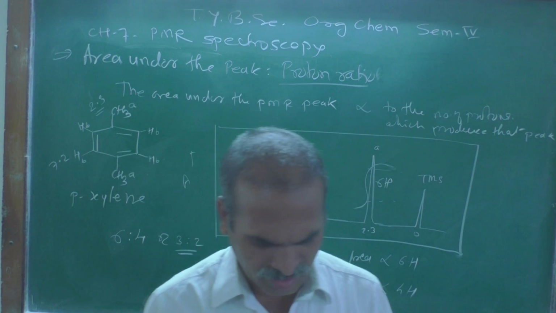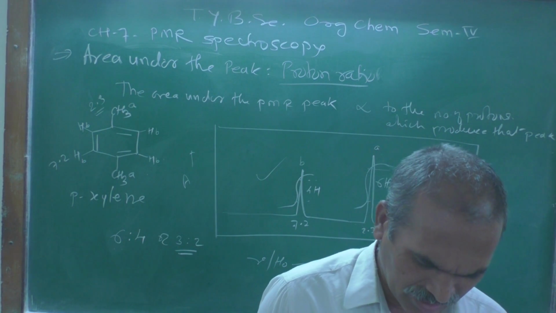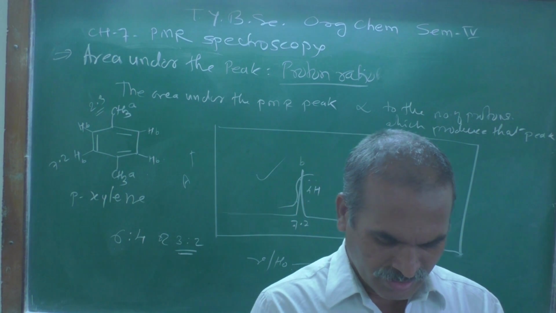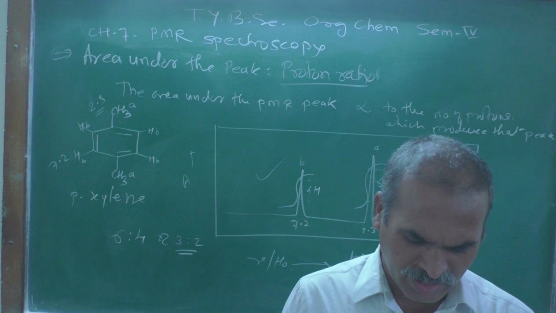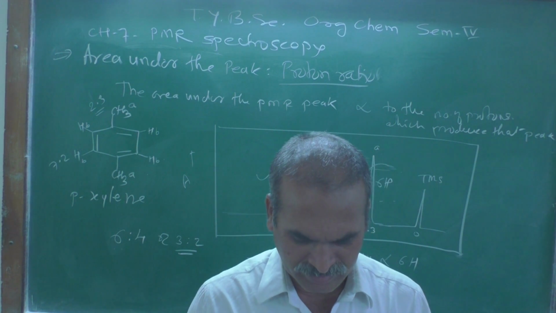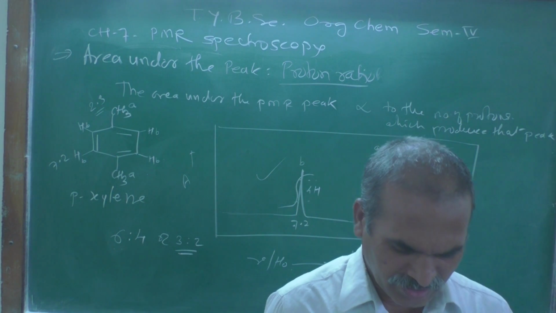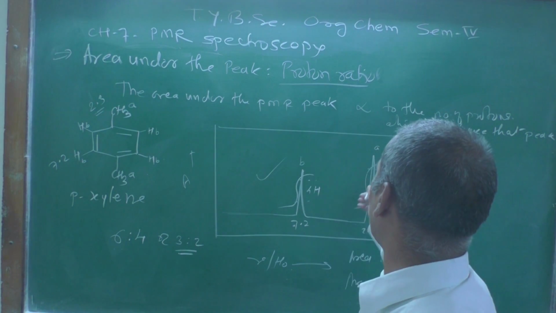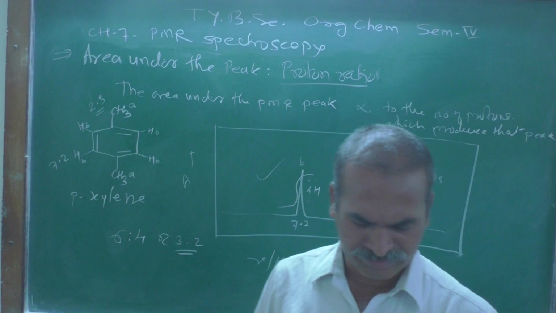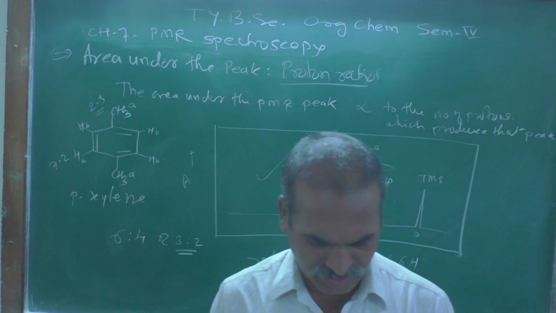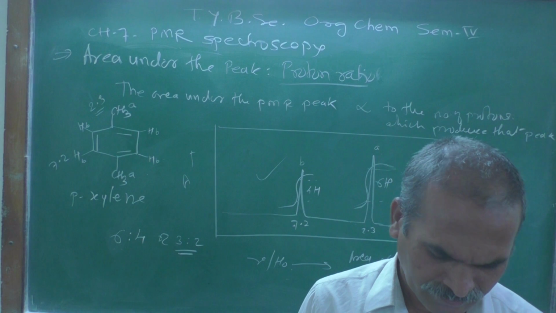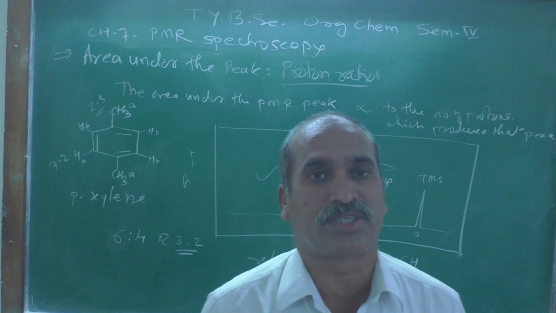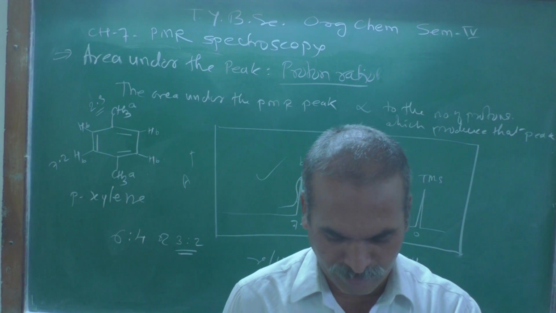The area of a peak is measured electronically by the instrument.